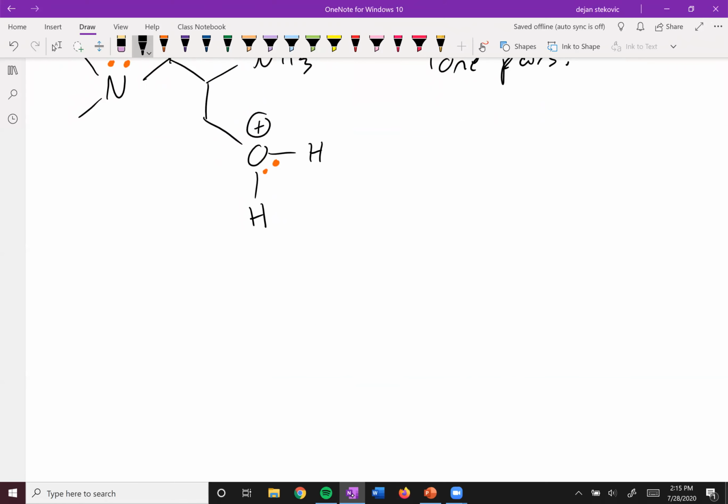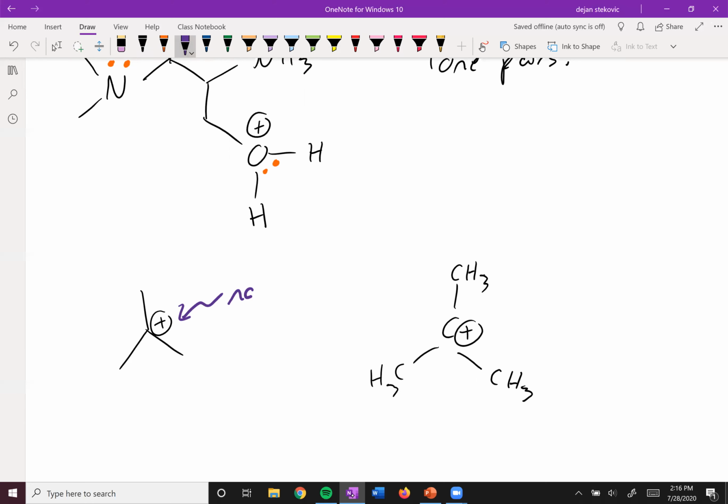Another thing to be careful about is carbocations, right? So this carbon right here in the center. If you think about the Lewis structure, there's a carbon and then a CH3 and then a CH3 and then a CH3, with a positive charge. There's no hydrogen there. It's got a positive charge. The only way carbon has a positive charge is with 3 bonds and no lone pairs, right?